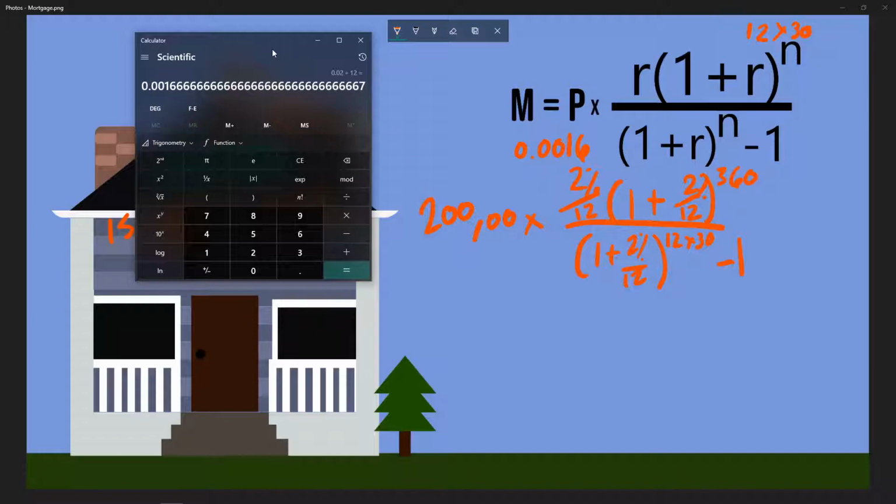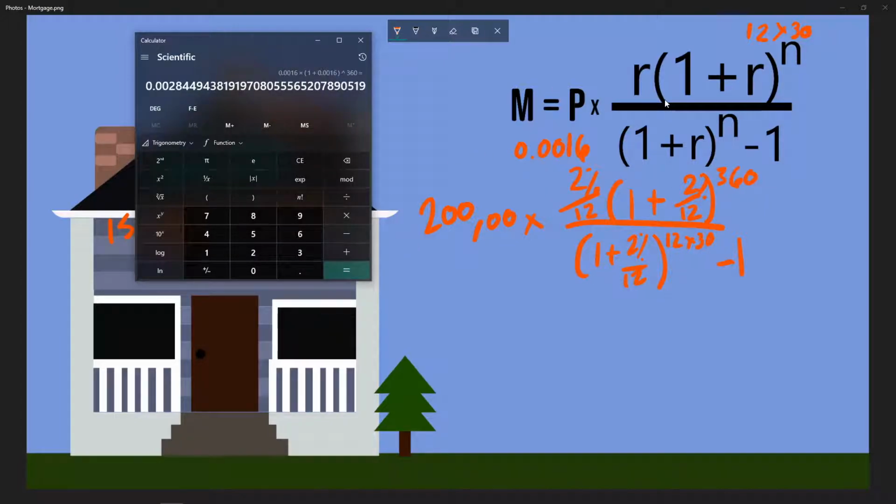So here, let's get that first top number. Hold up, it's an exponent, so let's just go ahead and do 1 plus 0.0016, and then to the 360.